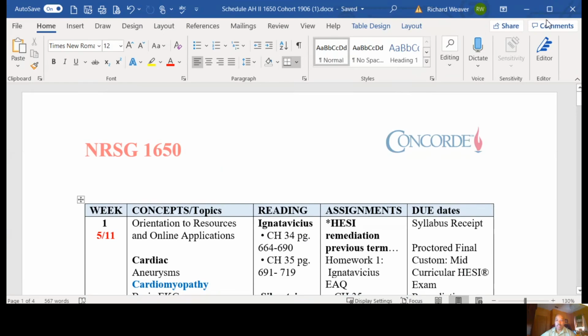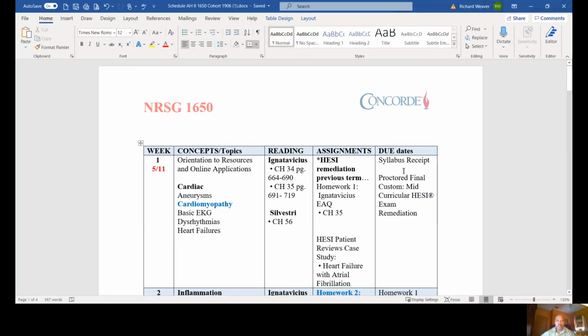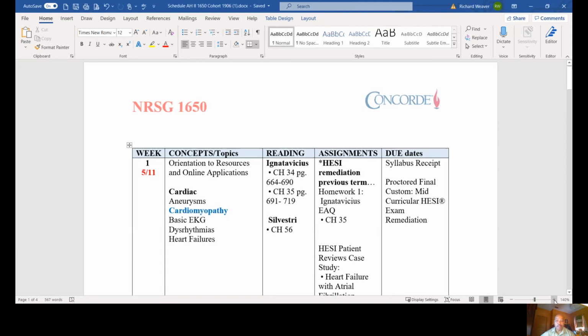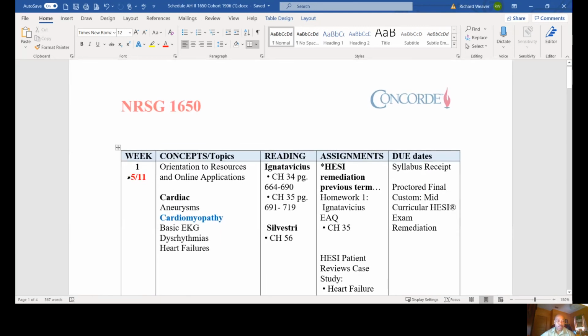So I'm going to go ahead and bring up the embedded schedule. I'll go ahead and share that with you. Just give me a moment. All right, so let me see if I can share this one. There is an embedded schedule located in your syllabus, but I want you to defer to this particular one because, let me increase the size of this, I put the dates here, the week, as well as the dates.